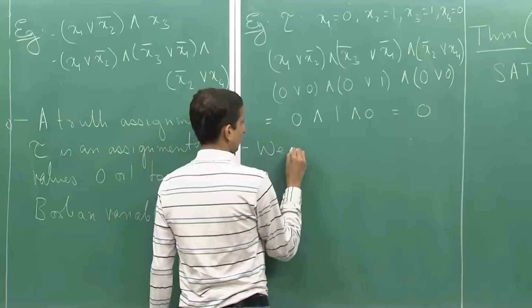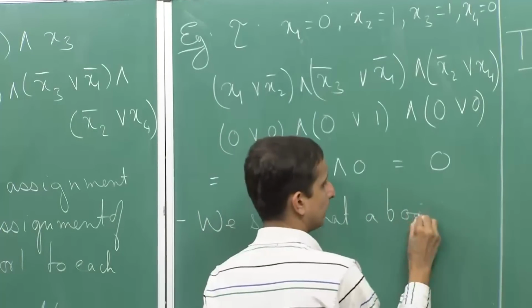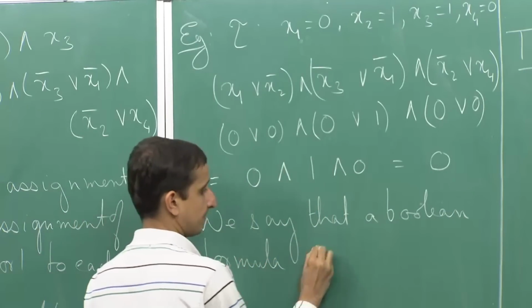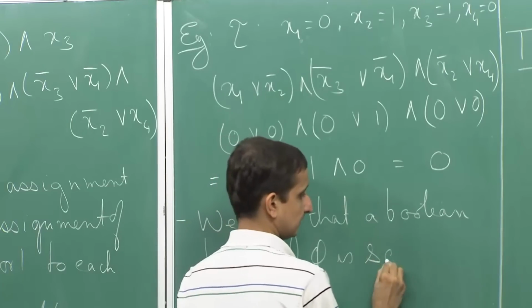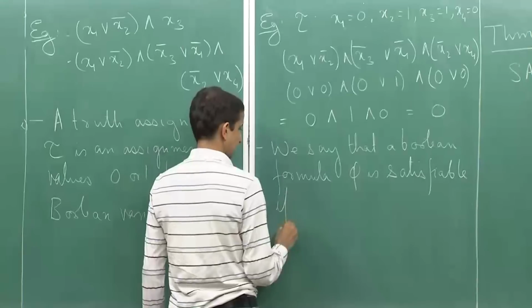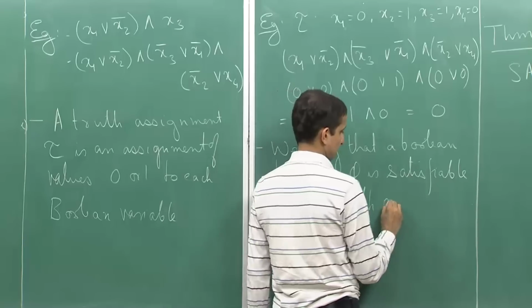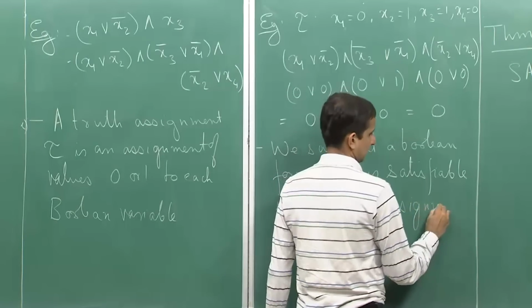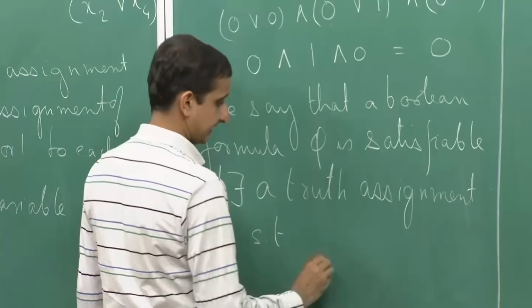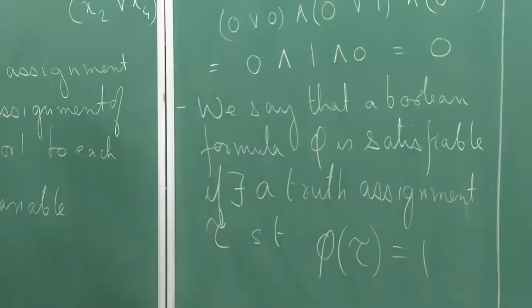So, we say that a Boolean formula phi is satisfiable if there exists a truth assignment tau such that phi of tau evaluates to 1.